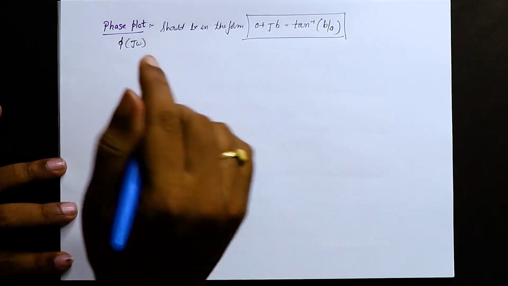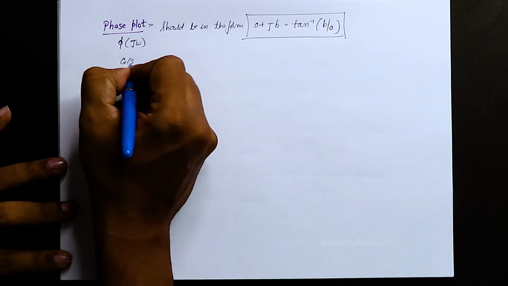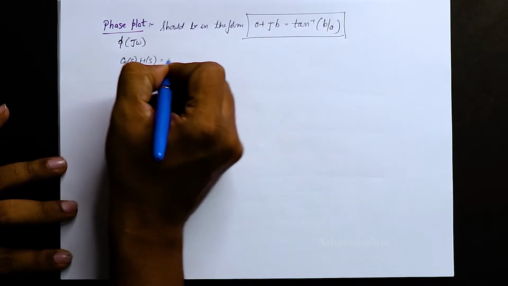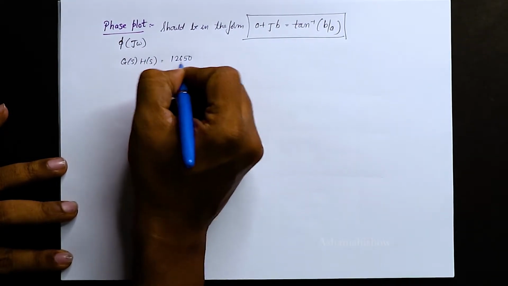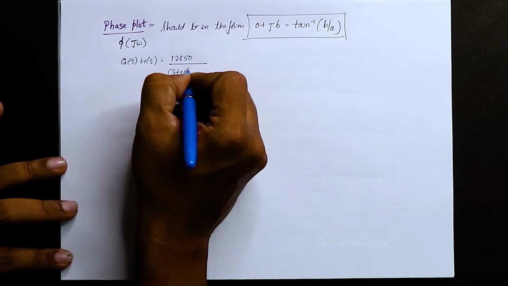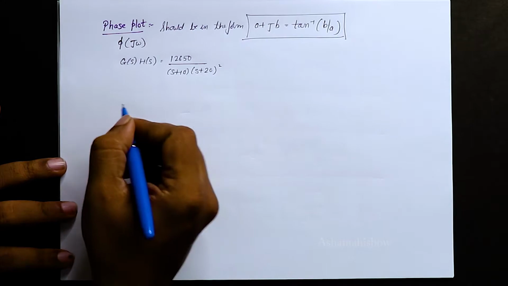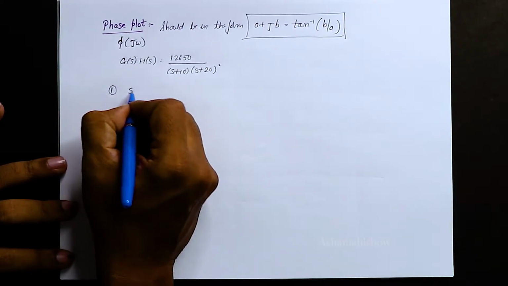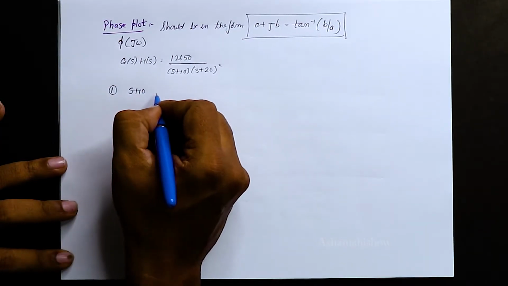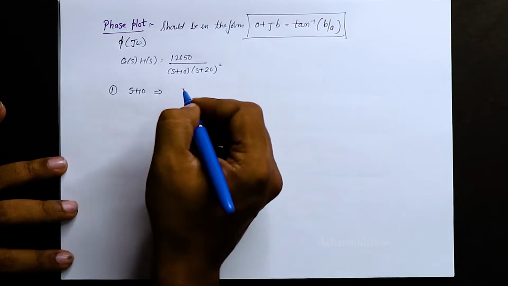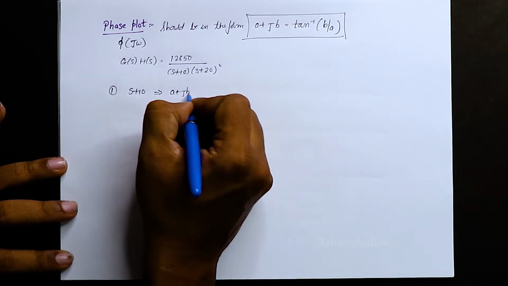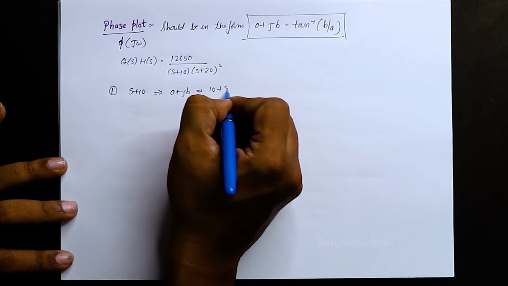And the phase plot is given by phi of j omega. Now this is very simple. Take the transfer function we got here. Now take the first term. S plus 10 is always the first term. To write it in the format of A plus jB, you just reverse it, so 10 plus s.